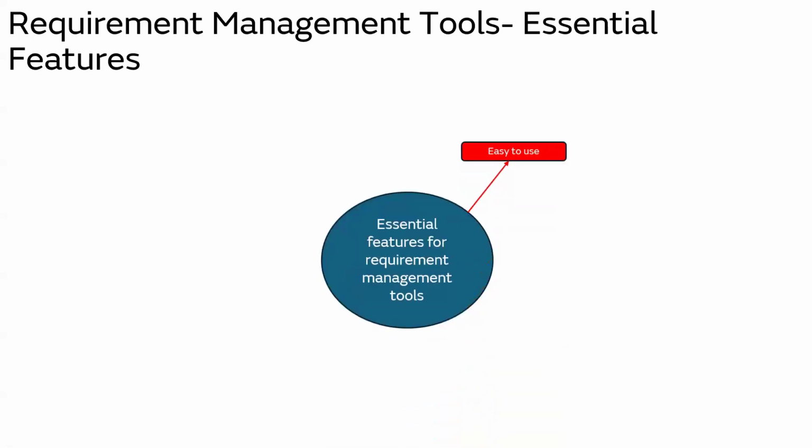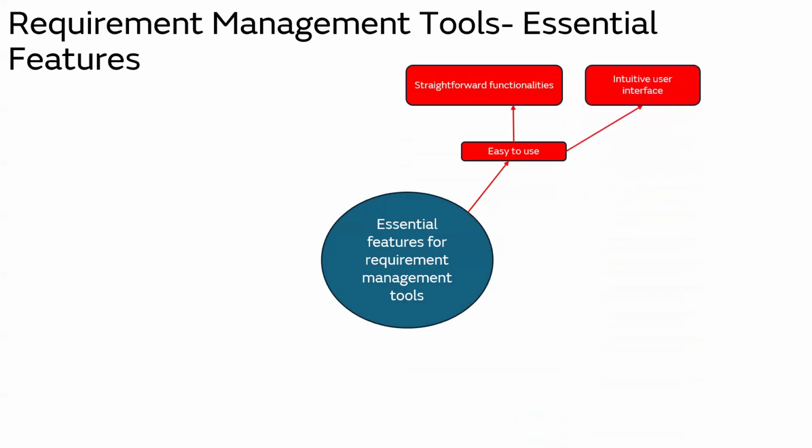Some of the key aspects when you select the tool: imagine you set up a new business and you are doing some product development and you want to buy these tools for requirement management. So you need to get a requirement tool which is easy to use. The idea is you need to make sure that it has the right functionalities. And then again, it has an intuitive user interface, because I have come across some tools which are not user friendly.